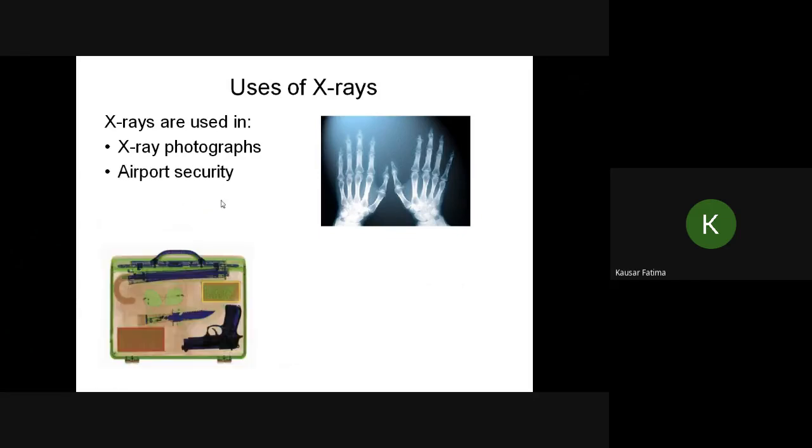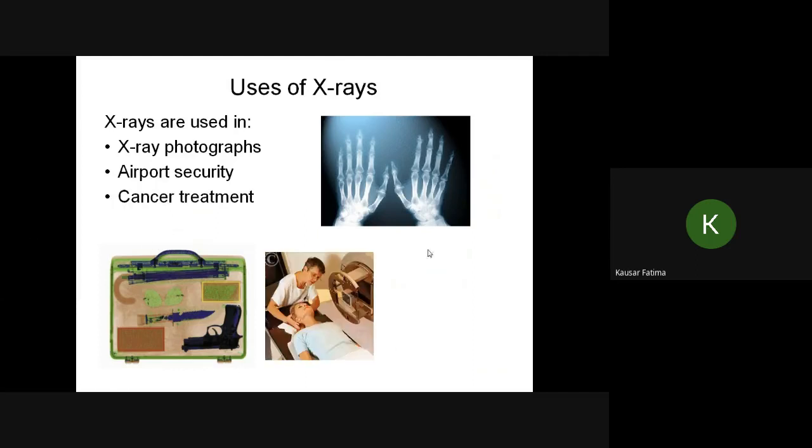and airport security, to know what is inside the suitcase. When you go to the airport, your luggage is checked with this apparatus, and this reveals the items kept inside any box or bag. It is also a medical use, and they are used for treatment as well, to kill harmful tissues inside the body, cancerous tissues.